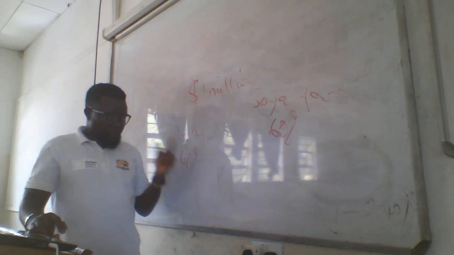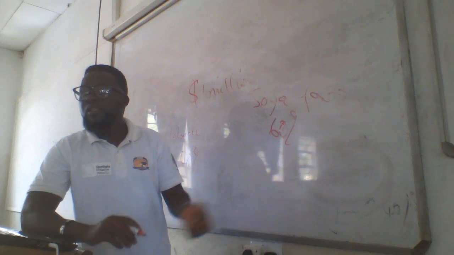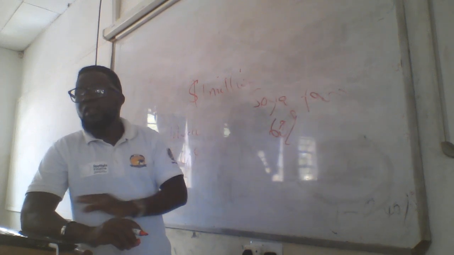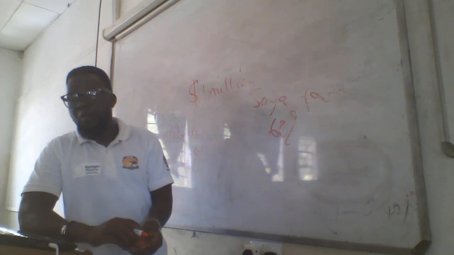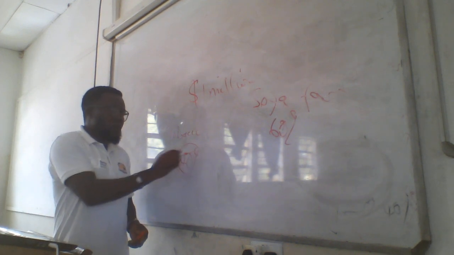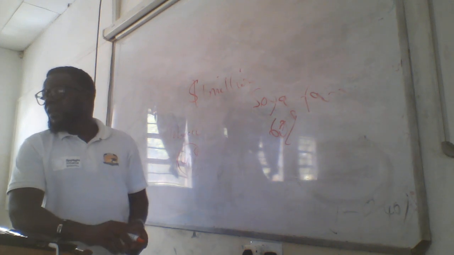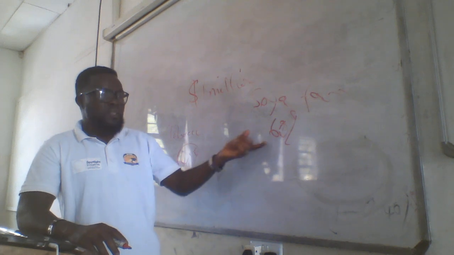So much as the 60% have said, okay, we want to remain with soya, we want to invest our $1 million into soya farming, finally good. But for the sake of the majority and our 40%, now there is a need for what we call cost-benefit analysis.